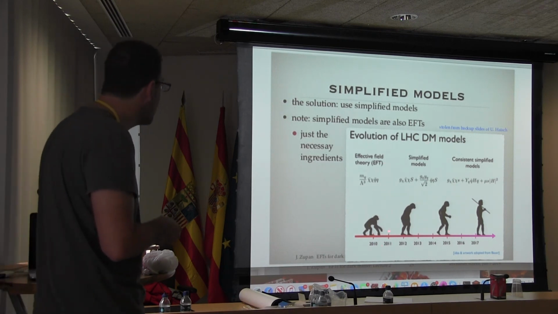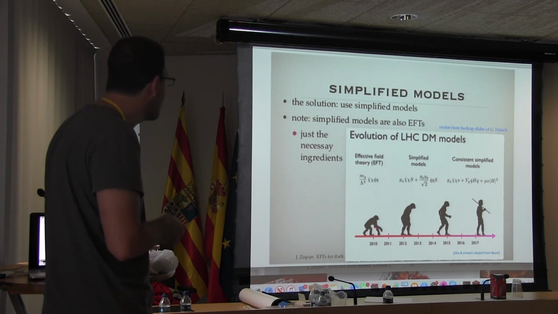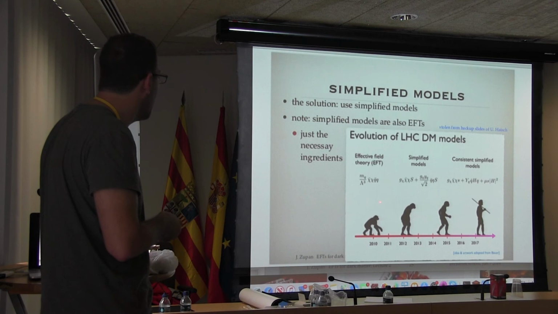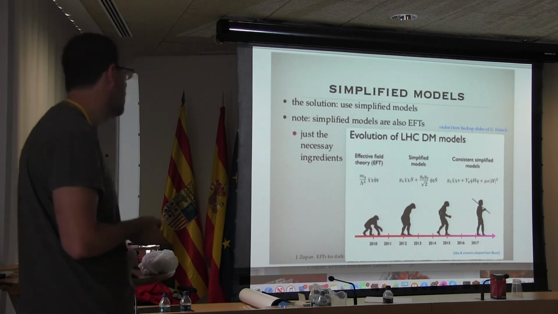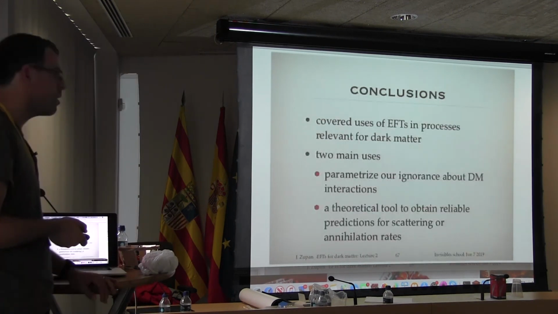That was, of course, quickly realized, already this paper showed, that it's just a strawman model. It only works roughly. You really want to build simplified models. The first models had problems because you didn't really put in the electroweak gauge invariance, so you just need to build models which have electroweak gauge invariance, and that's it.